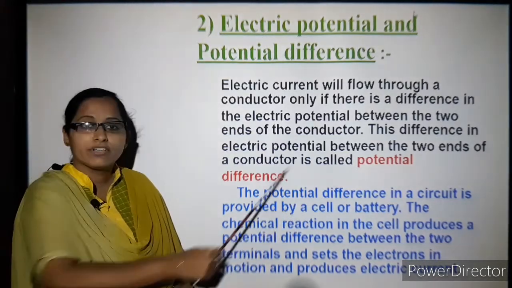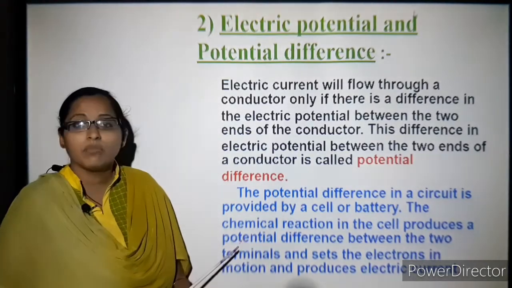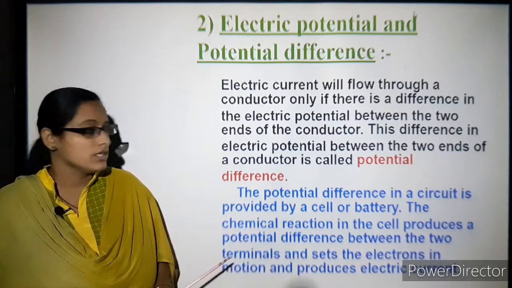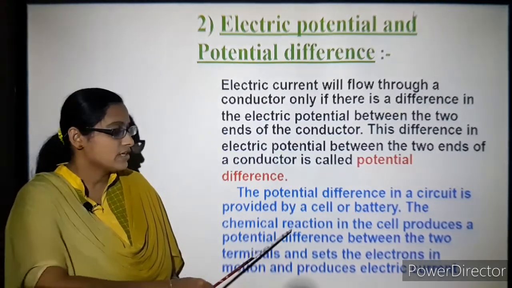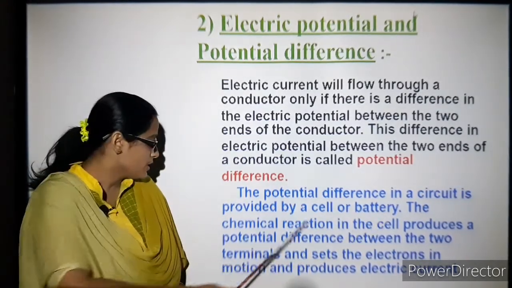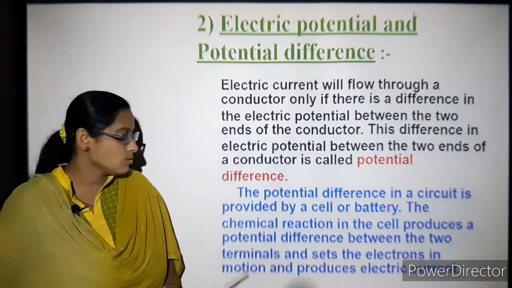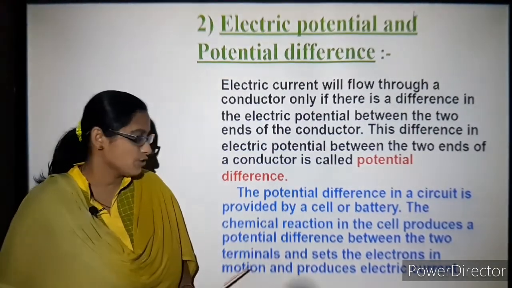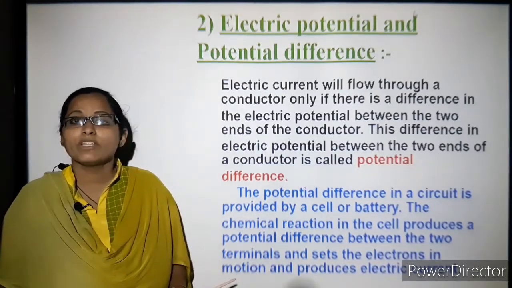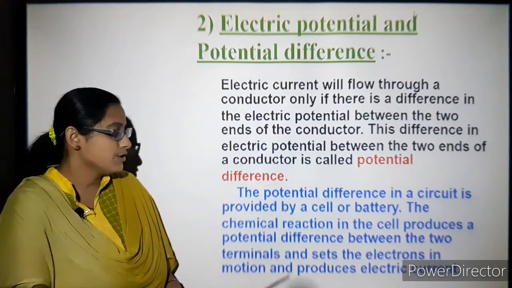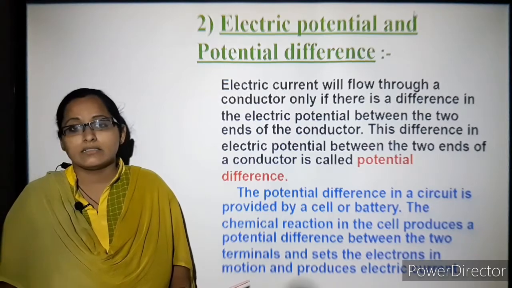The potential difference in a circuit is provided by a cell or a battery. The chemical reaction in a cell produces potential difference between the two terminals and also sets the electrons in motion. So it allows the movement of the electrons and produces the electric current.